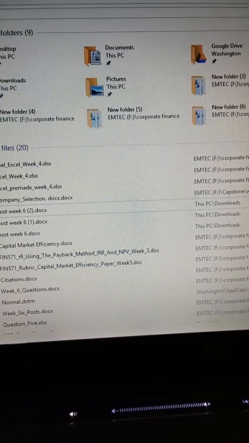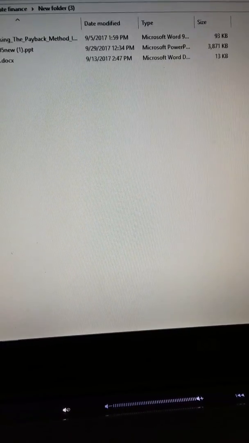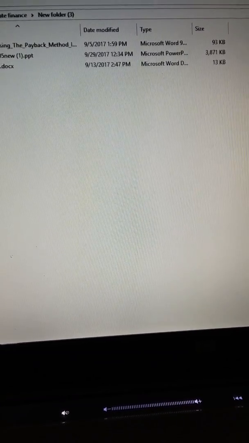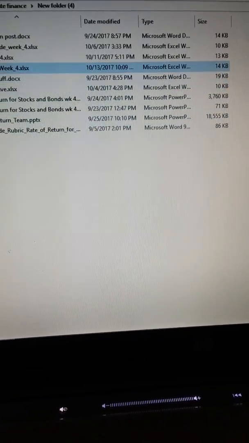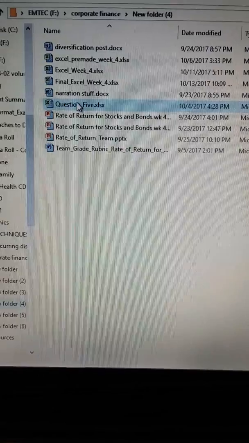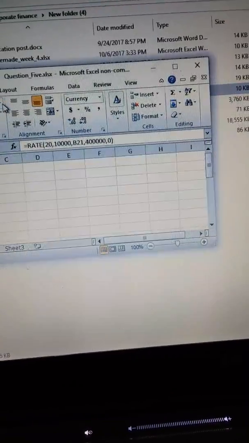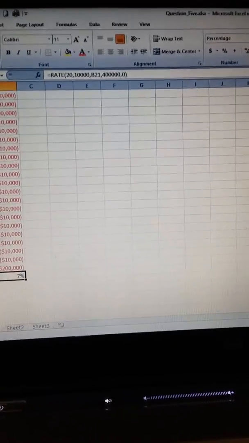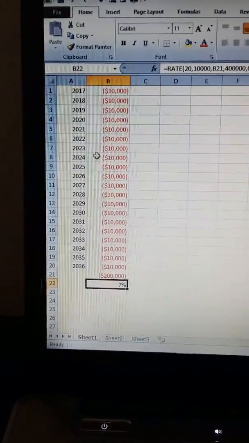So I'm just going to go down here, looking at question 5, and we're going to open that up. So on question 5, I was unable to do that out by hand, but I was able to set up an Excel spreadsheet for it.